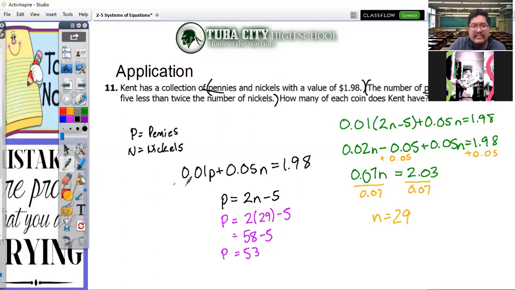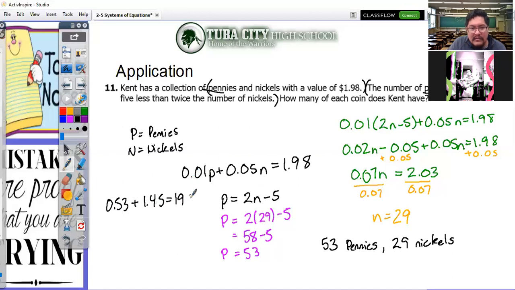And we could check it. We haven't really checked a whole lot of these, so we'll check this one really quick. So 53 pennies and 29 nickels. Let's plug it in to see if it makes sense. He has 53 cents in pennies, plus 29 nickels, so 0.05 times 29 would be $1.45.